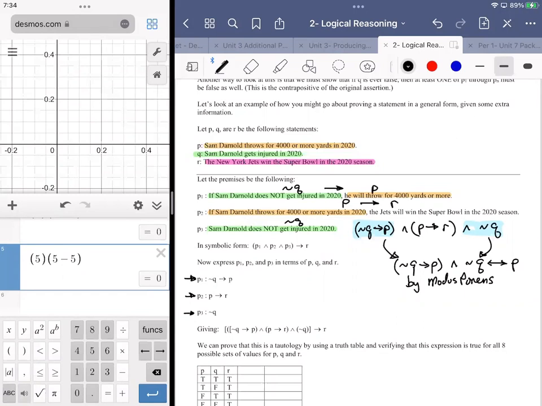Right? Because if the premise is true and the whole sentence is true, then the conclusion also has to be true. Because you're just going back to the implication and what would cause an implication to be false. That's true implies false. So if I were to tell you that the not Q was false, then that would be okay, I guess, as long as not Q implies P wasn't true.